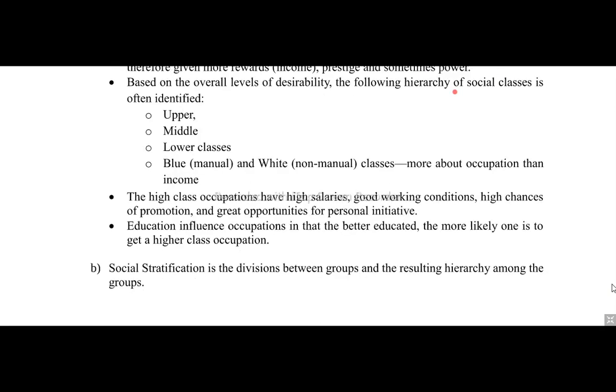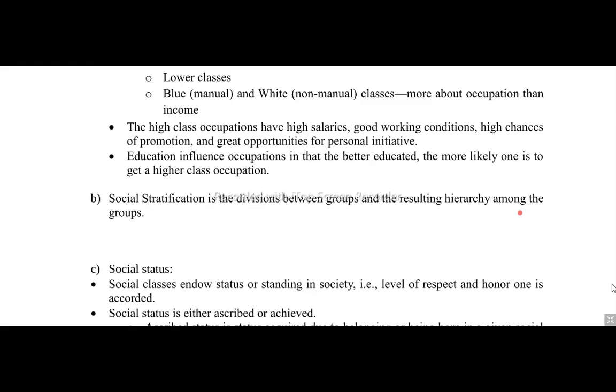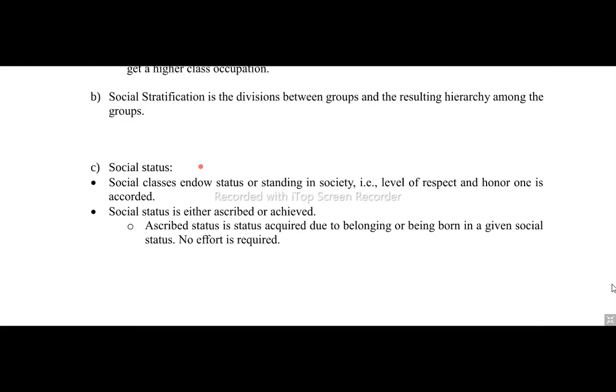Social stratification, the divisions between groups and the resulting hierarchy among groups. Social status: social classes endorse status or standing in society, that is the level of respect and honor one is accorded. It is the position that you hold in the society. So what is the level of respect or honor you are accorded?